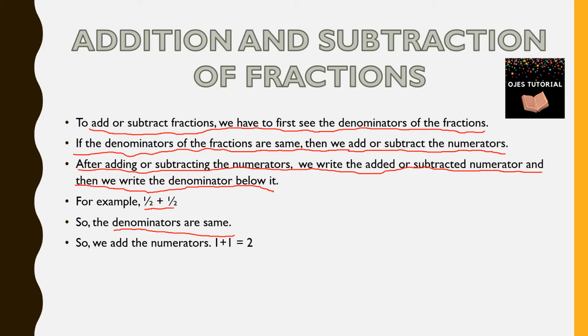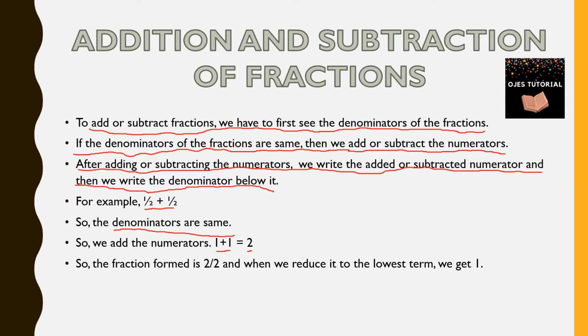So we add the numerators. What are the numerators in both the fractions? The numerators are 1. So 1 and 1 equals 2. So the fraction formed is 2 upon 2. But this is not the final fraction because we also have to reduce it.